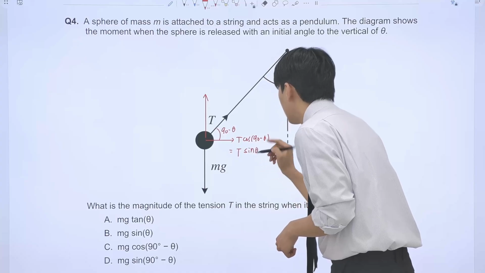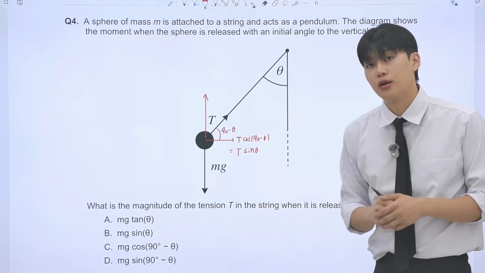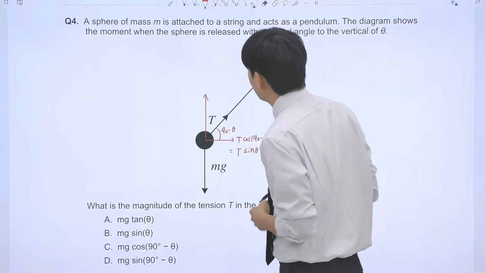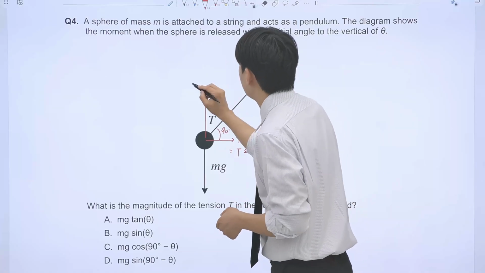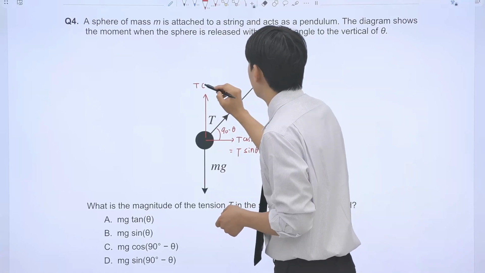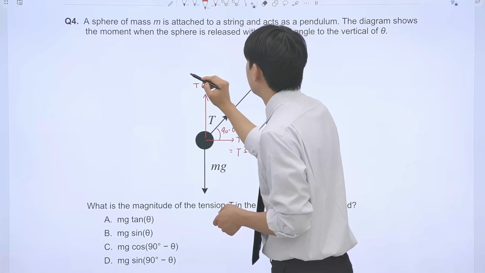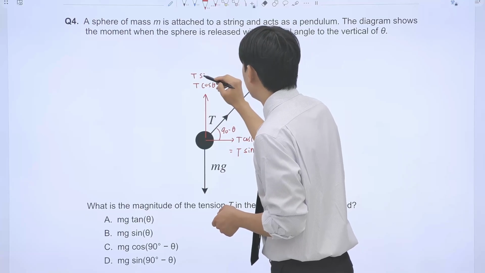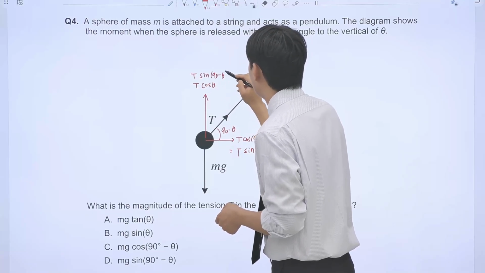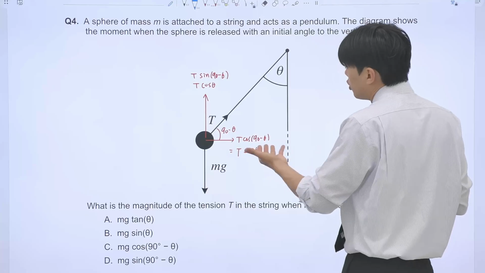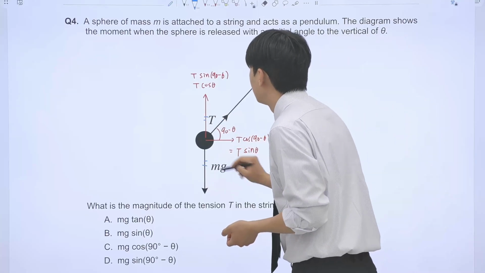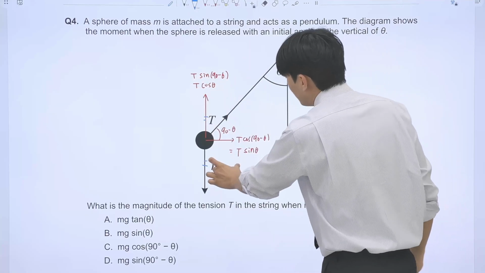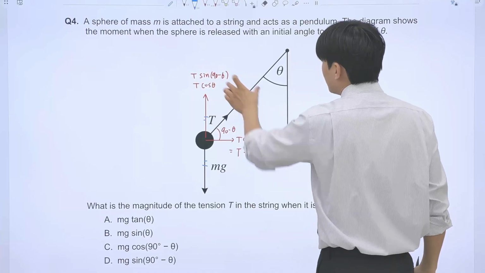Also, this other component is T cosine theta, or T sine (90 minus theta). Normally we say T cosine theta is mg.